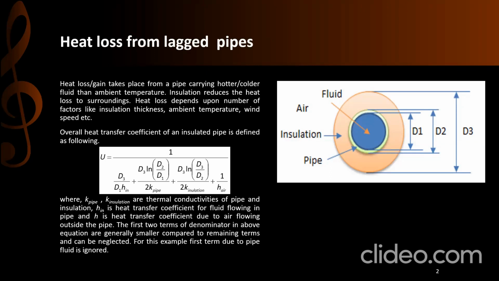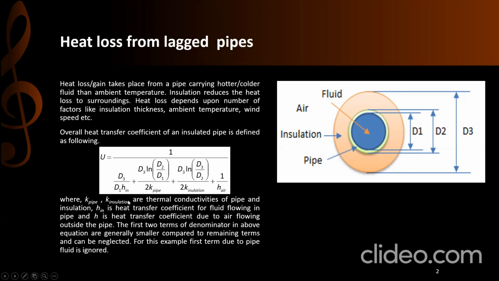Where K pipe, K insulation are thermal conductivities of pipe and insulation. h fluid is the heat transfer coefficient for fluid flowing inside the pipe. h air is the heat transfer coefficient due to air flowing outside the pipe. The first two terms of the denominator in the above equation are generally smaller compared to the remaining two terms and can be neglected. For this example, the first term due to pipe fluid is ignored.